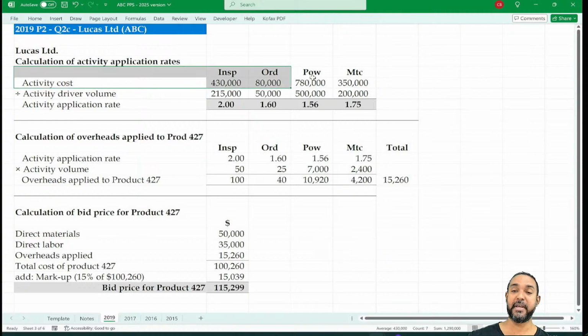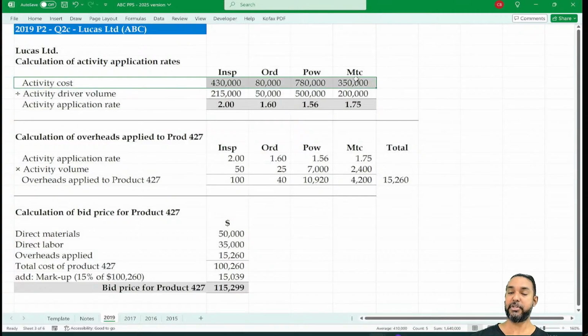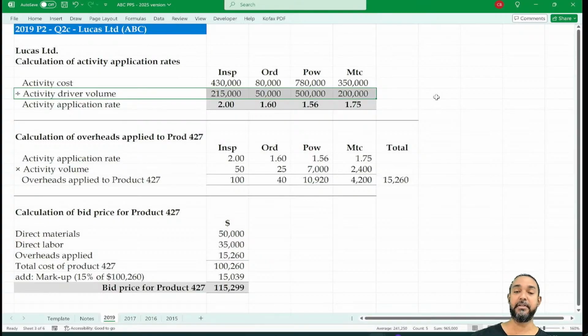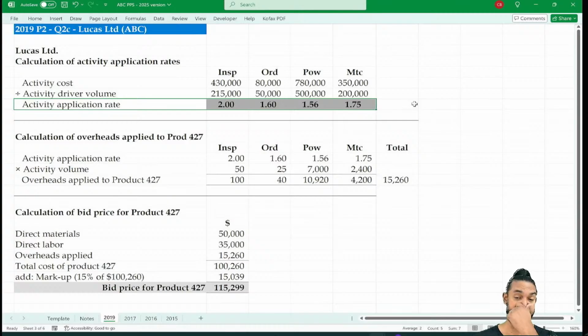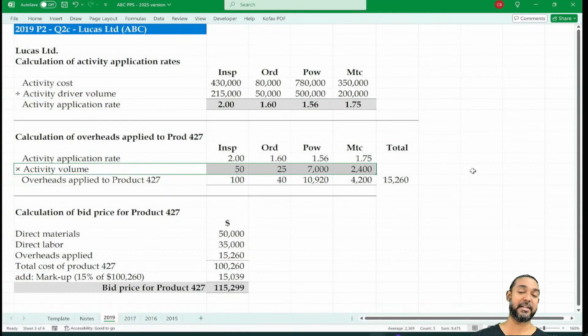But in activity-based costing, we break up the cost pool into its individual items. We get a cost for each of the items, the volume of what we determine is the cost driver for each activity, the activity cost driver, and we get an activity rate, right? The application rate for each activity, which we then apply separately based on the volume of each activity in the job.